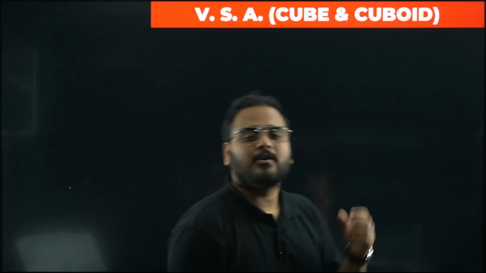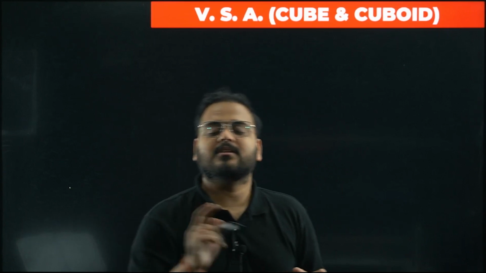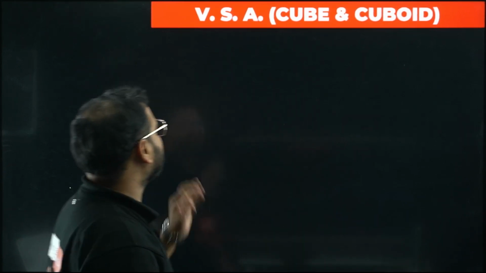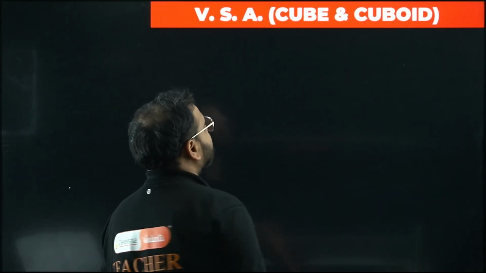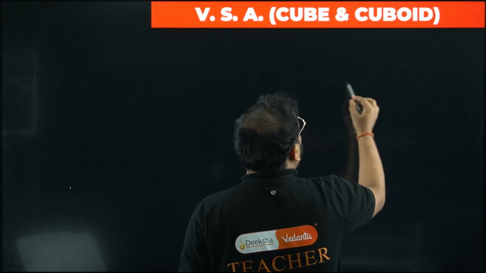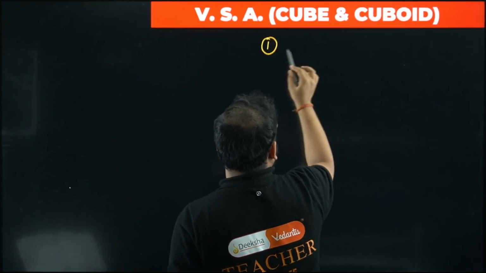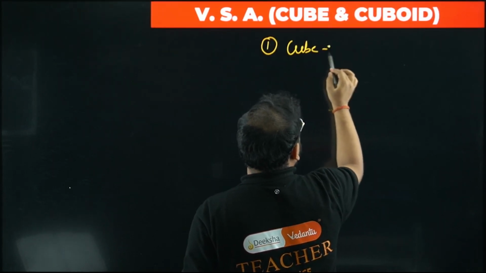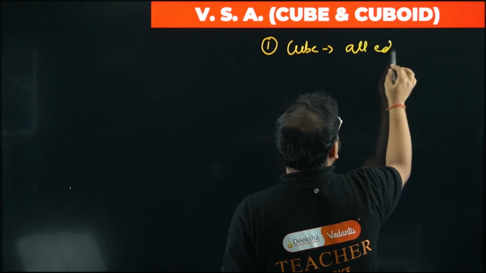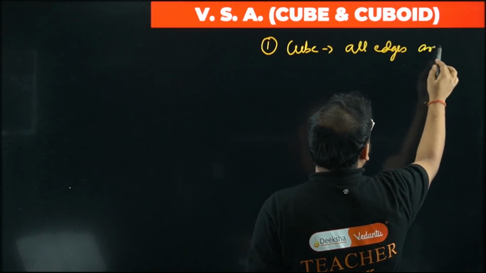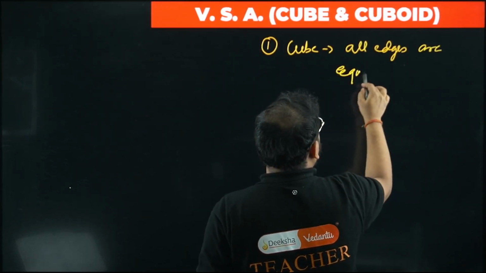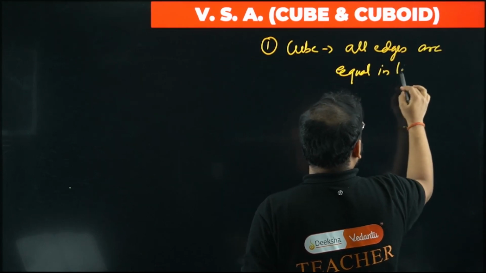What is the VSA part? Again, we have cube, cuboid, cylinder, cone. We see all of that. First, let's deal with cube and cuboid. What is a cube? We know this. All sides are equal. A cube has all edges equal in length.